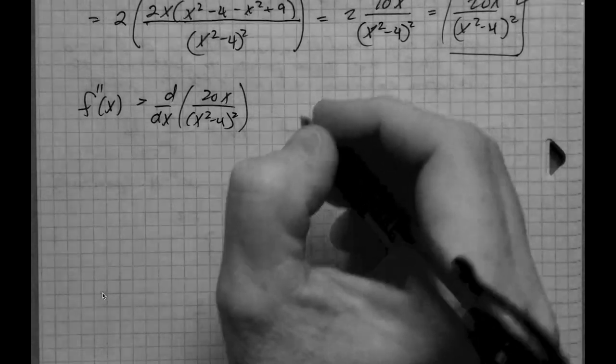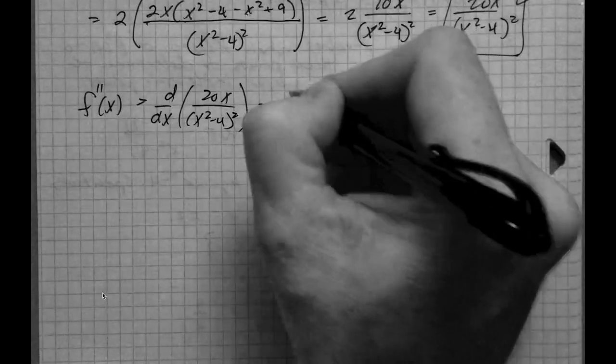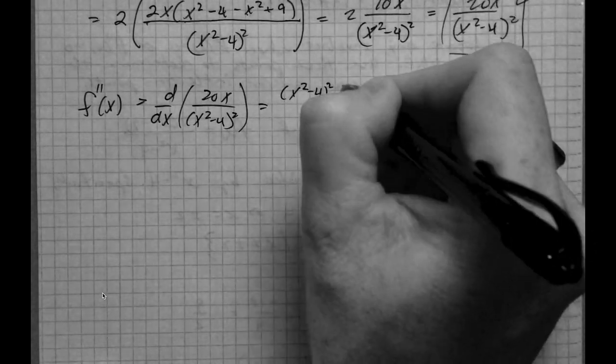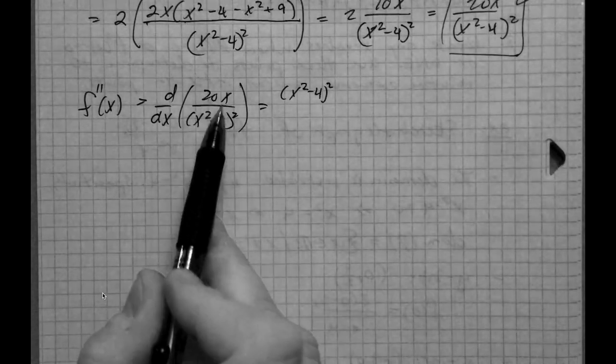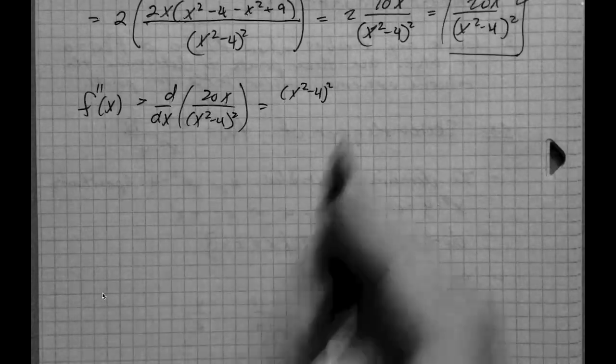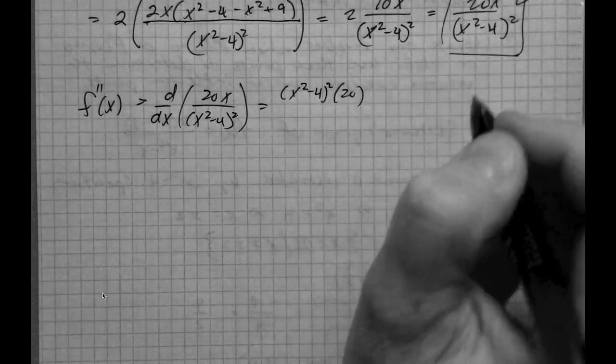The low d high equal minus high d low, right? So it'd be x squared minus 4 quantity squared times, and I'm just going to do it. It'll be the derivative of the top polynomial, the derivative of 20x. So it'll be times 20.